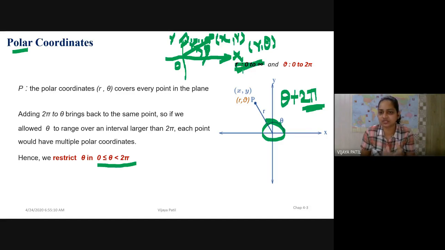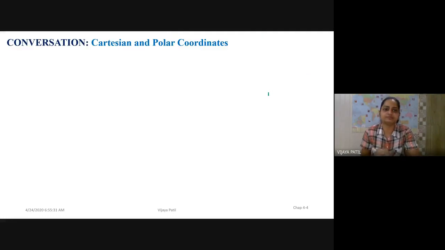And therefore the restriction of r is from 0 to infinity. Why 0? Because the distance cannot be negative. That is why it is going to be 0 to infinity, and theta is from 0 to 2 pi. We are putting that restriction over here.